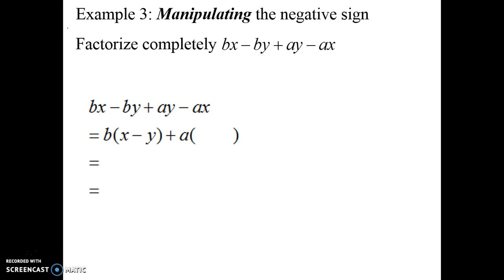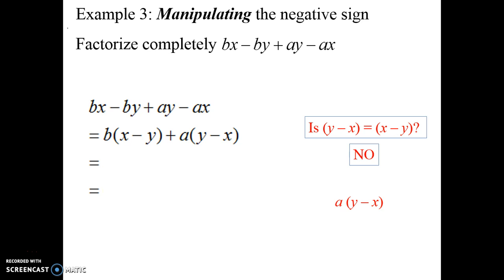What you'll be left with will be x minus y in the first factor and y minus x in the second factor. However, you will notice that y minus x is not exactly equal to x minus y. So how do we factorize and make it look the same?